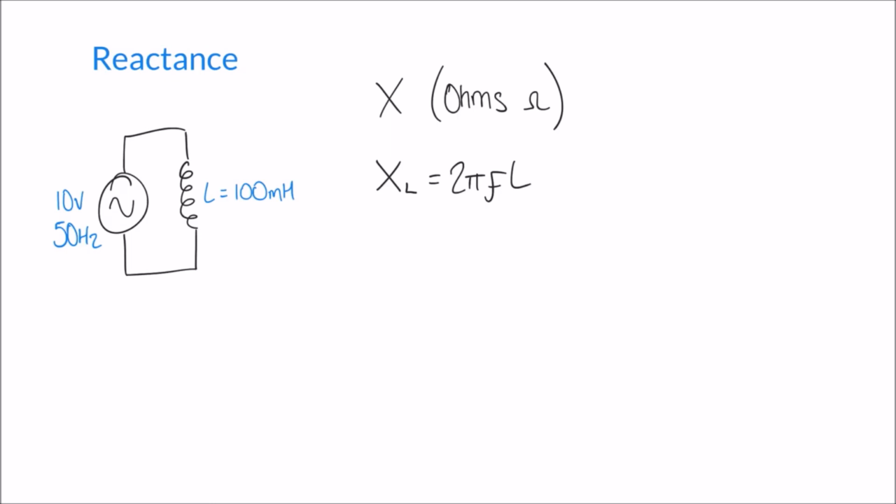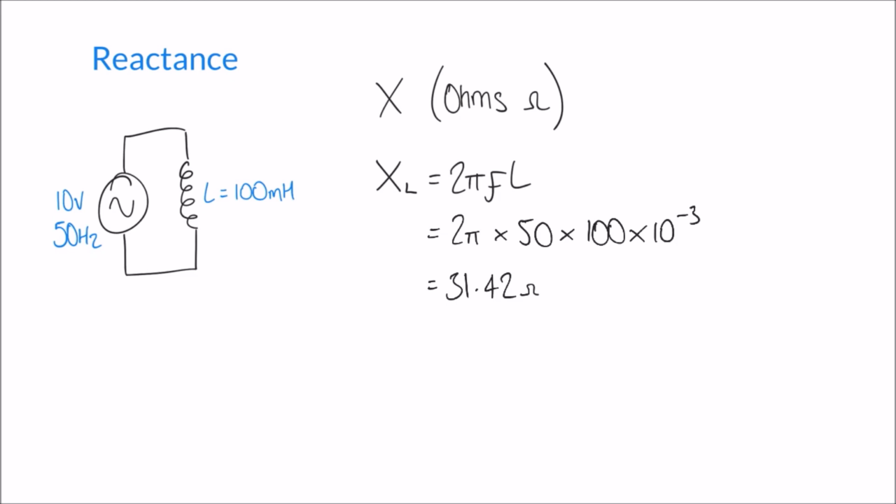So let's go ahead and calculate the reactance of this particular inductor in this circuit. So we have 2 pi multiplied by 50 multiplied by 100 millihenries, 100 times 10 to the minus 3, and that gives me an answer of 31.42 ohms.